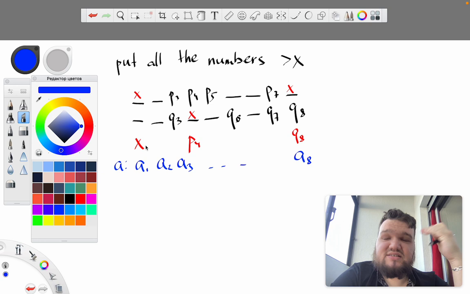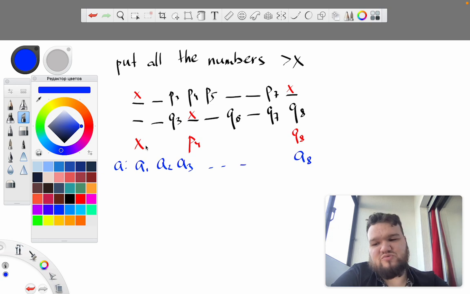And that's the only way we can get x as maximum on a position. Before that it would be bigger, and after that we will insert numbers that are not x's, so we won't be able to do anything. So if we have some x's in our array A, we have to get them now.